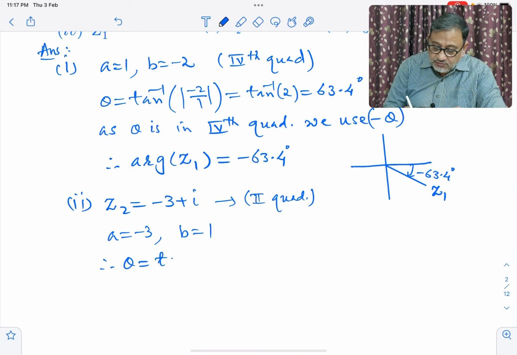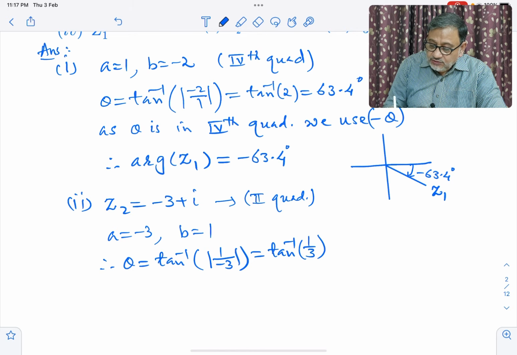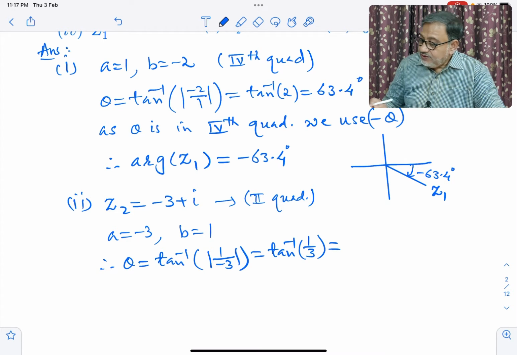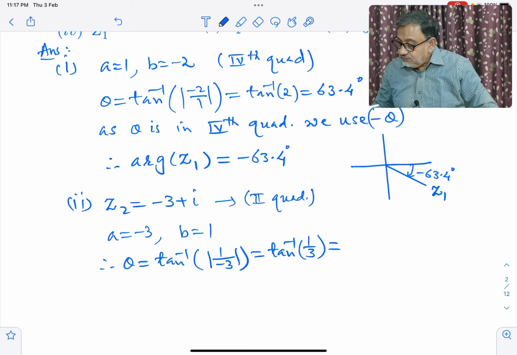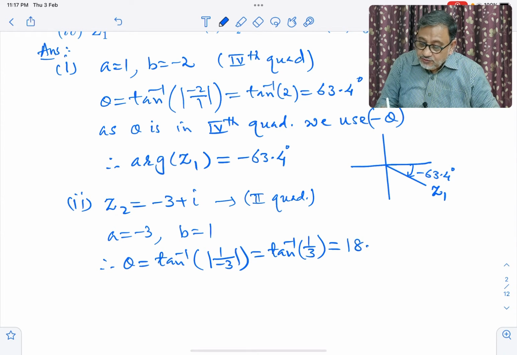Therefore, theta will be tan inverse of modulus of negative, it is positive 1 over negative 3, but we are going to write it positive. So tan inverse of 1 by 3 and tan inverse of 1 by 3 will be so 18.4 degrees.